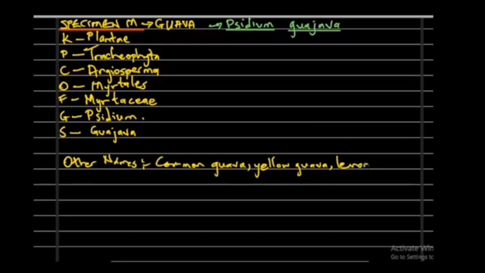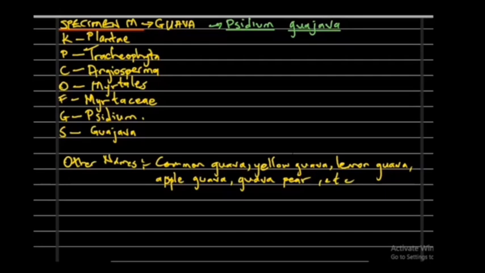So many ethnic groups call them different names. We also have it called apple guava, guava pear, etc. We cannot mention all the names. So these are some names that this particular species of organism is called.